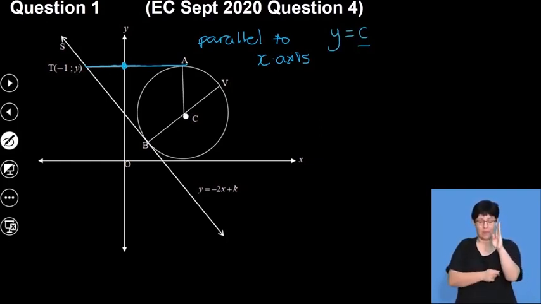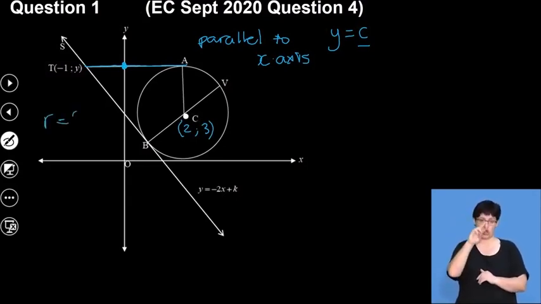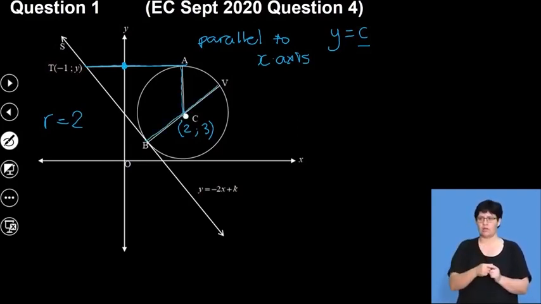So again, we're coming back to this point C, which has the coordinates (2, 3). And we also know that the radius of the circle is equal to 2. So there's actually quite a few radii drawn here. There's a diameter over there, and there's this radius over here, AC. And we know that that is 2 units.